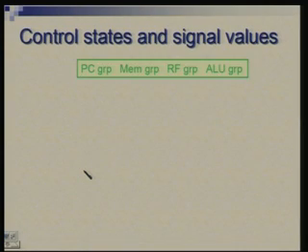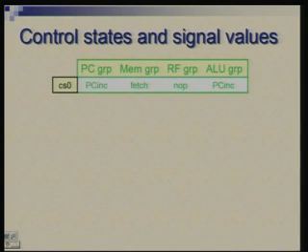So, first, the relationship between control state and signal values. I will not list the signal values here, I am only listing the micro operation in the particular group. These are the 4 groups I identified: PC group, memory group, RF group and ALU group. And in CS0 the operation I need to perform is PC increment.